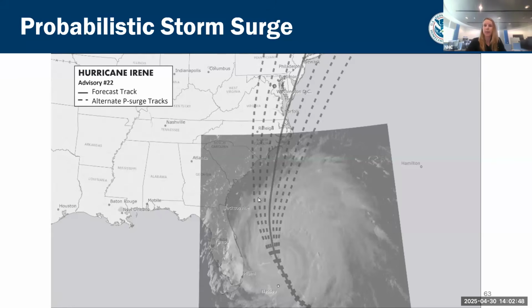This particular P-surge run is going to contain realizations that make landfall all the way in South Carolina, as well as tracks that don't even make landfall. All those different solutions are taken into account and are shown in a probabilistic sense of what the storm surge result could be.